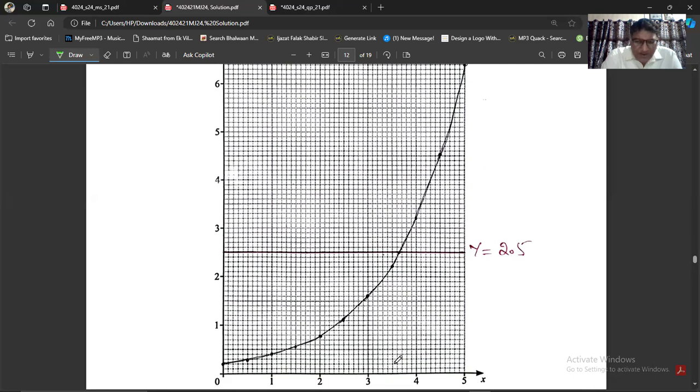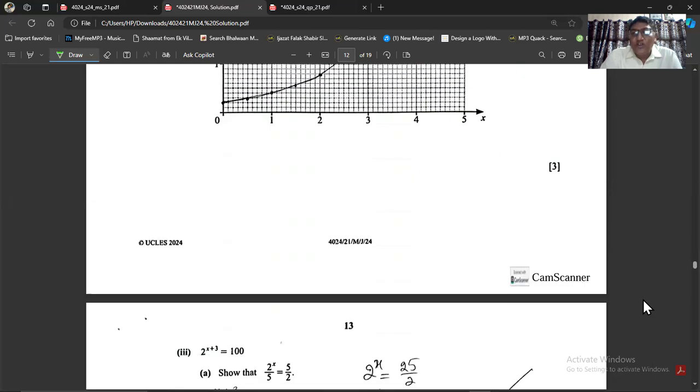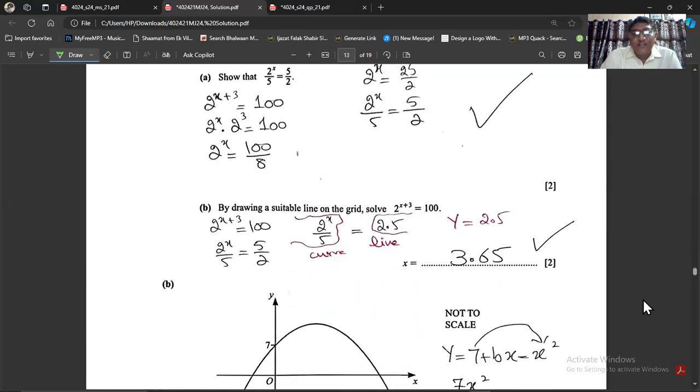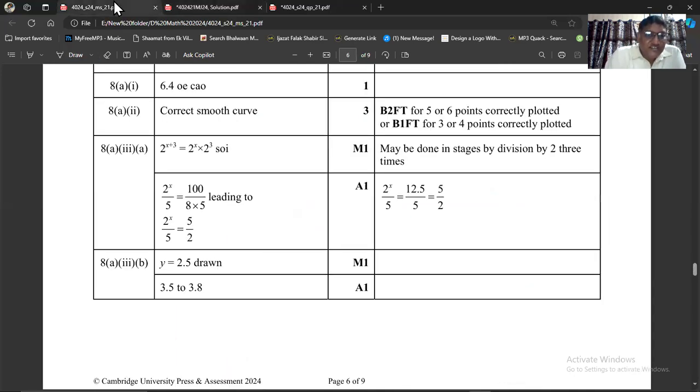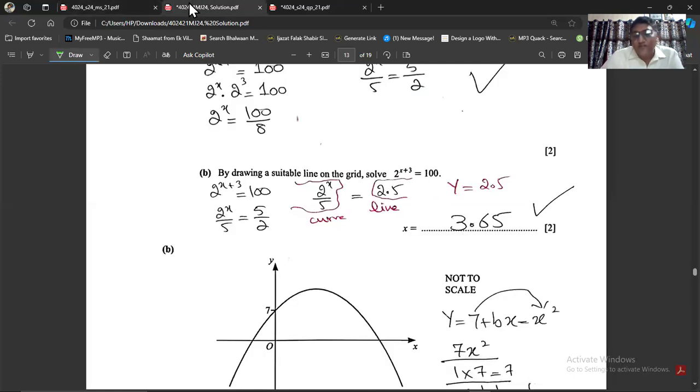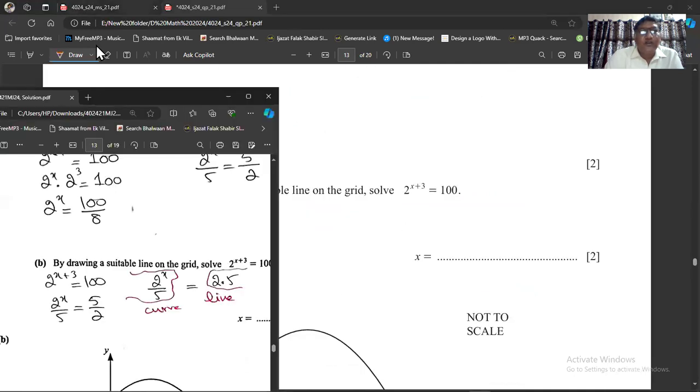So it's 3 point maybe 5, something like this. You can draw this actually, and then this is 3.65. So let me check. This is 3.5 to 3.8. So our answer is 3.6, 3.65. So that answer is right. I hope you understand how this is done.